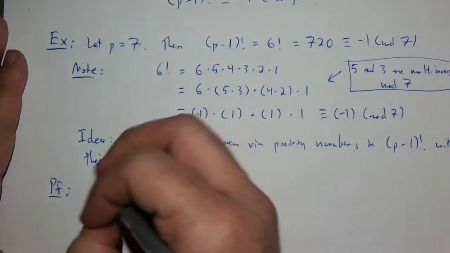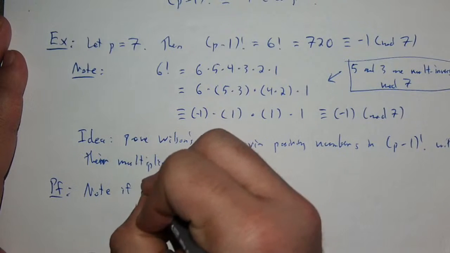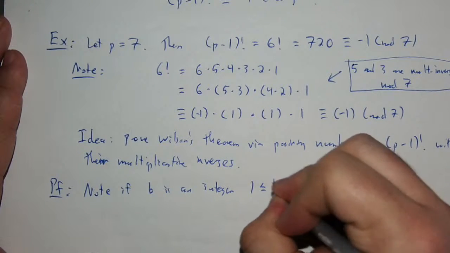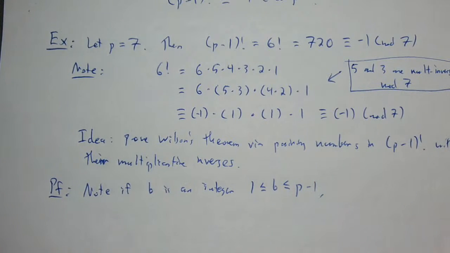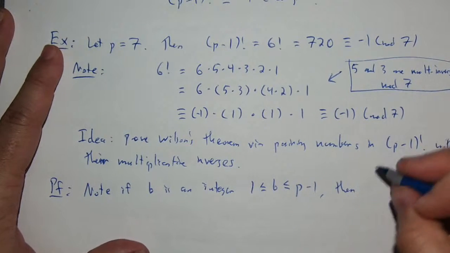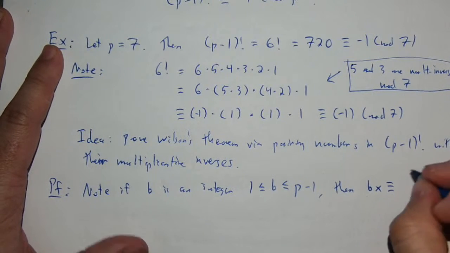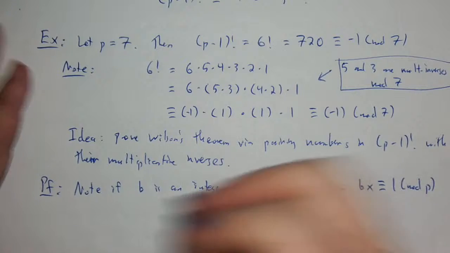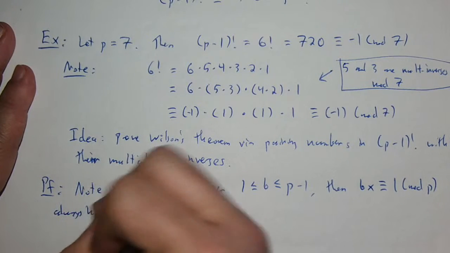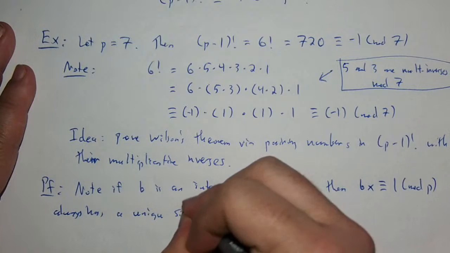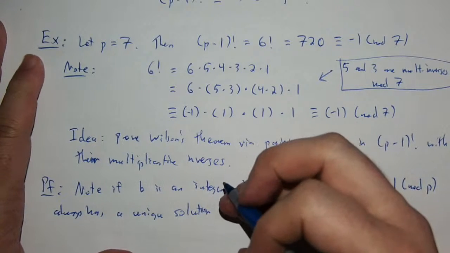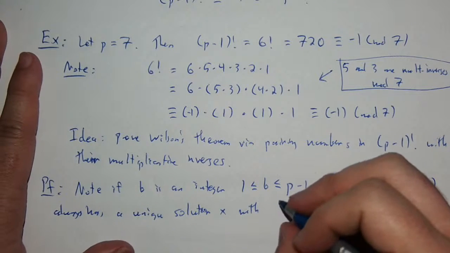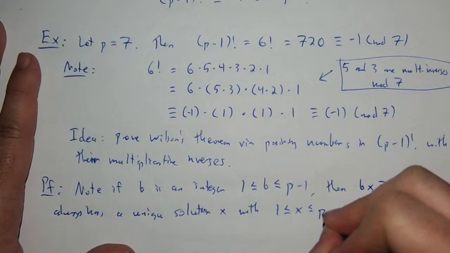Okay. So note, if b is an integer between 1 and p minus 1, then b times x is congruent to 1 mod p always has a unique solution x with x between 1 and p minus 1.